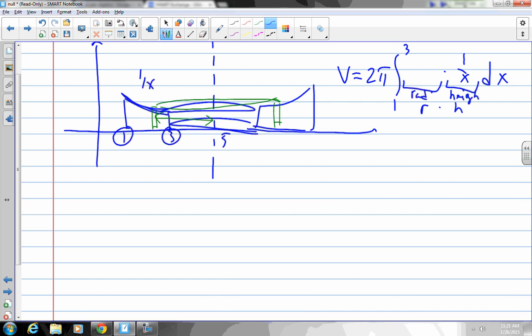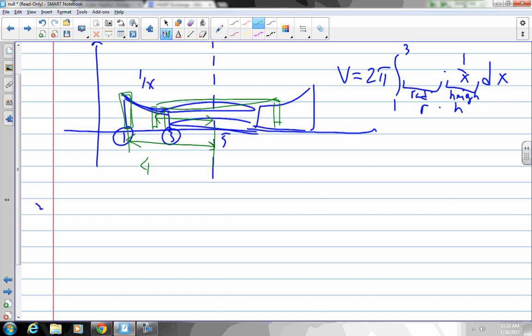Now the radius, actually we have to think about this. So we're rotating around the axis given by x equals 5, right? Well, what is the largest radius going to be when I'm taking this piece right here and rotating it around x equals 5? What is the radius of this rotation? 4, right? This radius is 4.